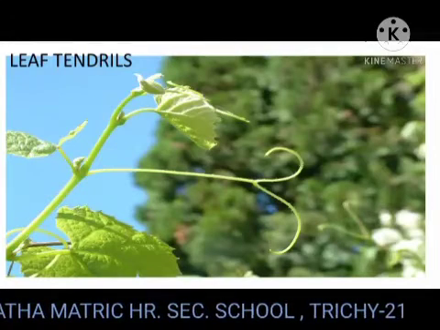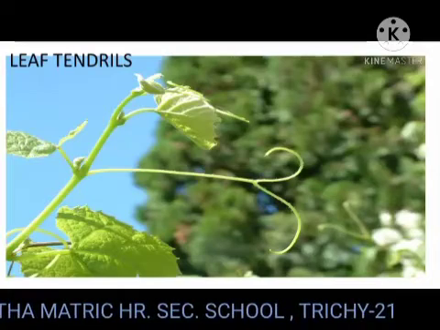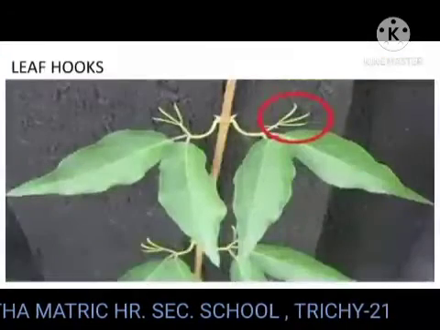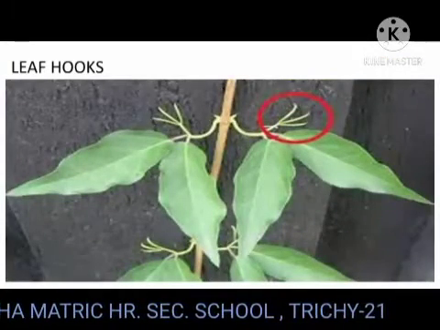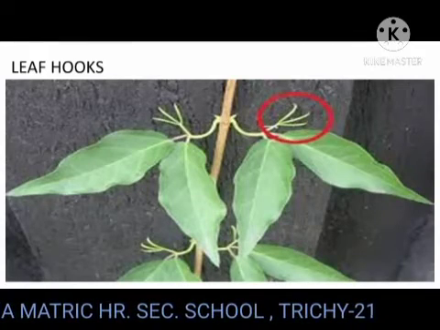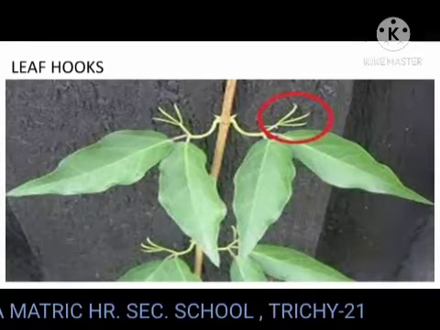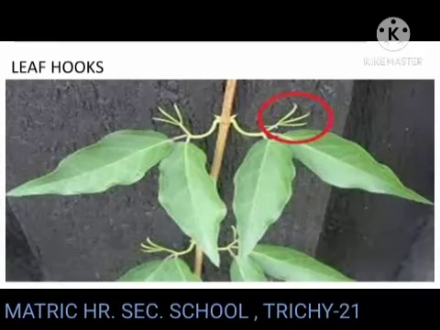In Smilax, the stipule is modified into a leaf tendril. Leaf hooks. In some plants, leaves are modified into hook-like structures and help the plant to climb.